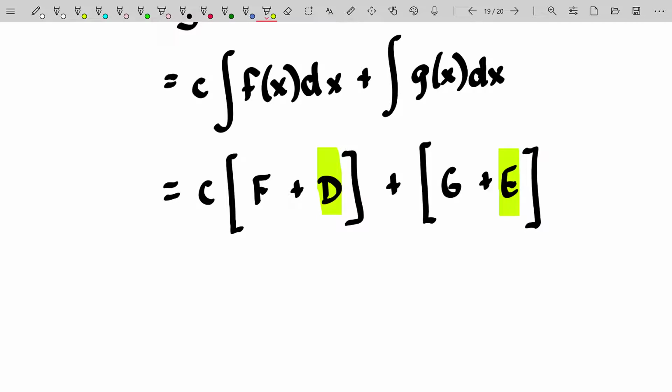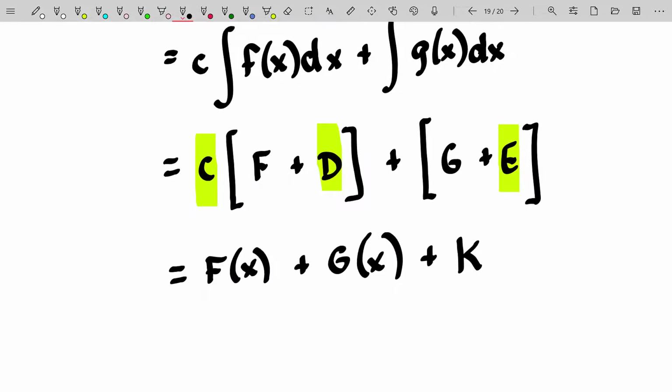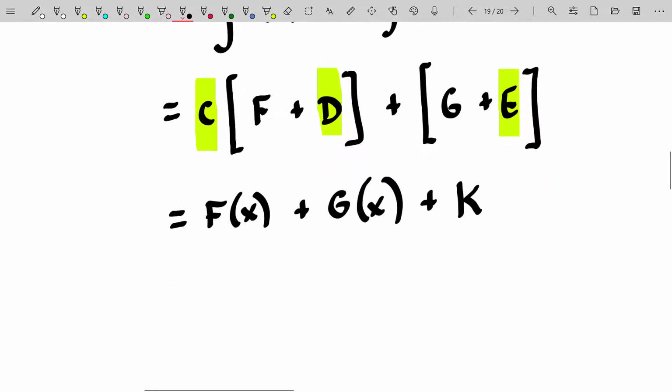And by the way, this is a constant as well, so they all glue together, and I'll write it as follows. It's the antiderivative capital F, plus the antiderivative capital G, plus some constant K.